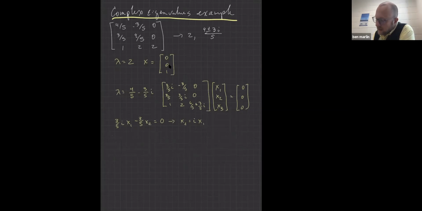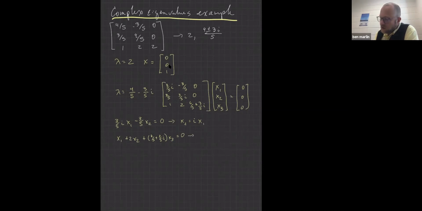And let's look at the last row, which says x1 plus 2x2 plus, yuck, 6/5 plus 3/5 i x3 needs to be equal to 0, okay? So we know that x2 has got to be i times x1.